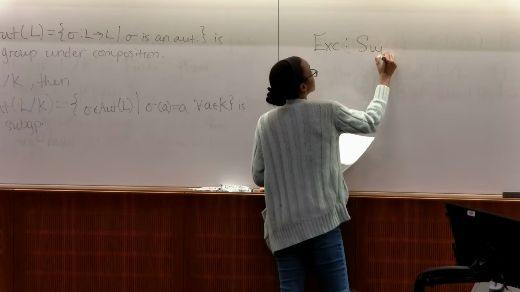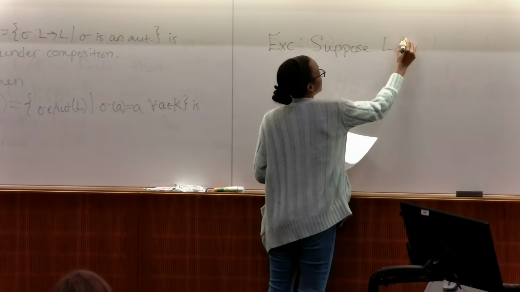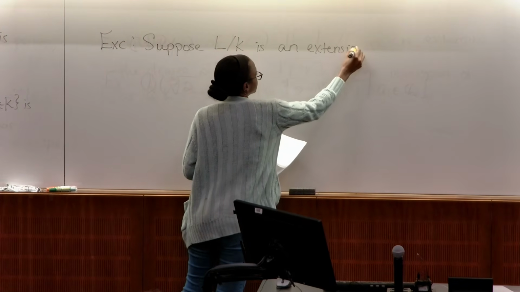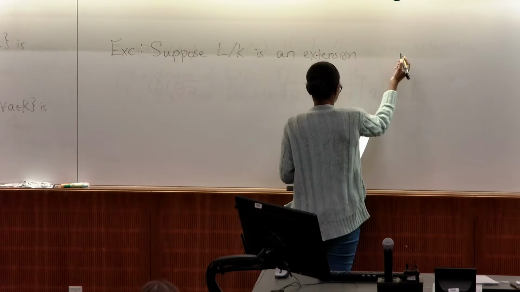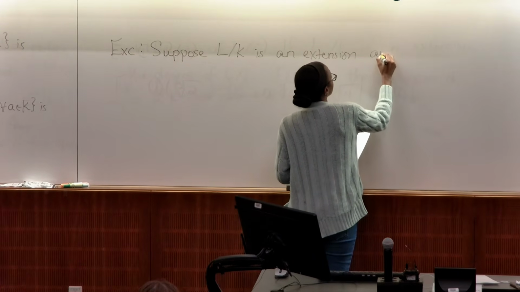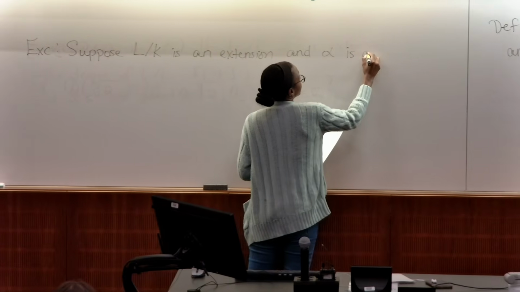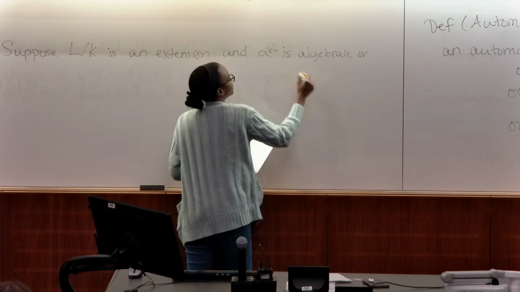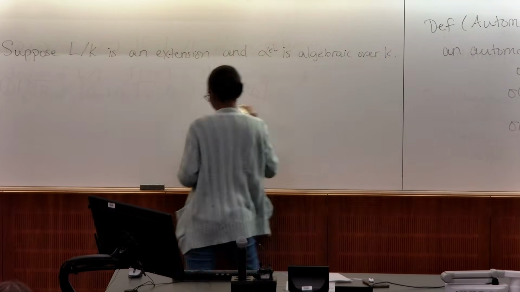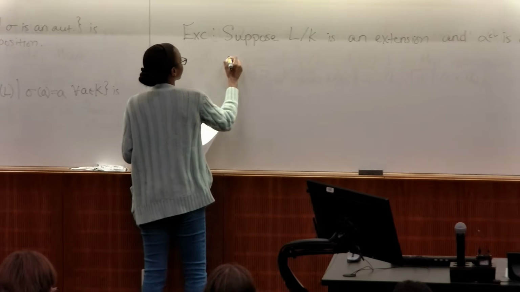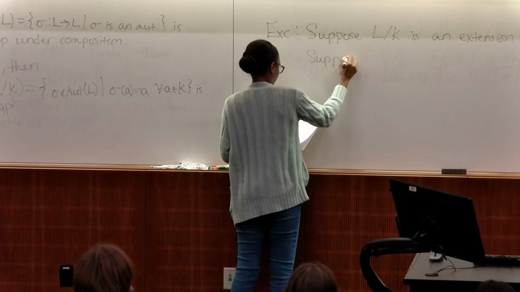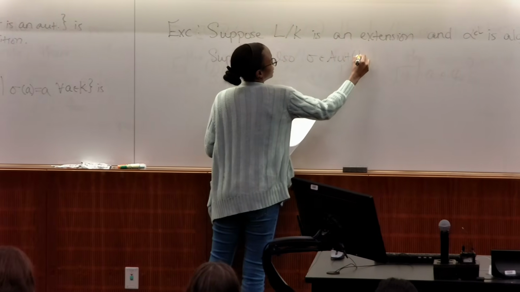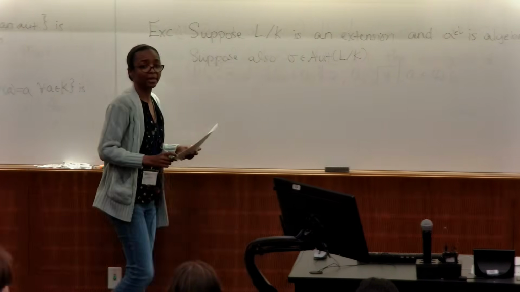Suppose L over K is an extension and alpha is algebraic over K. Suppose also that sigma is in the set of automorphisms that fix K element-wise.